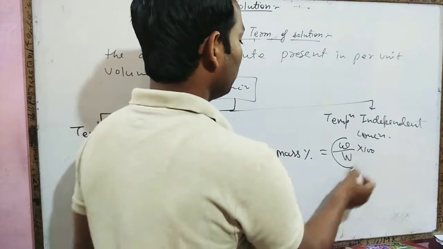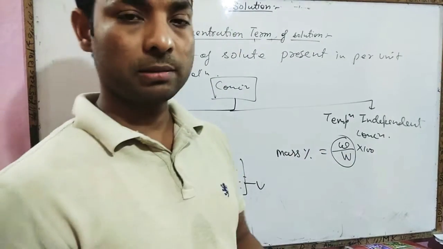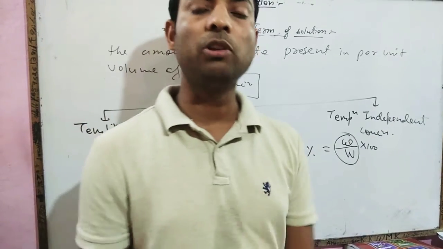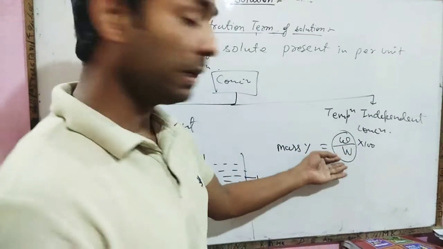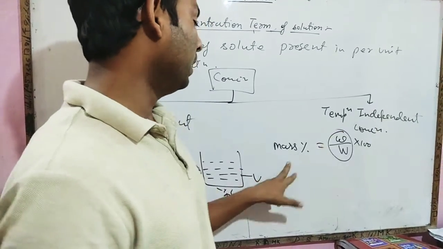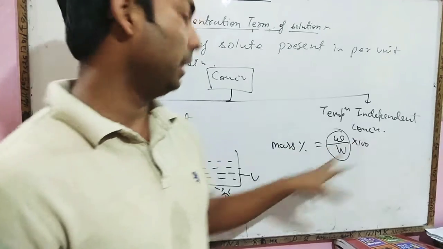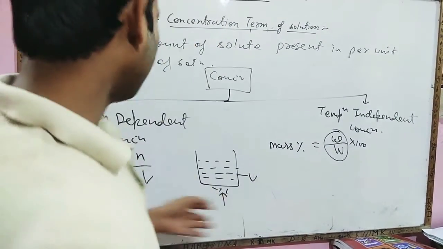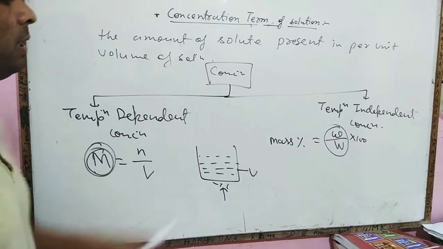Both are taken in mass. So when I increase or decrease the temperature, the mass will not be affected. Mass will remain constant. That's why this is a temperature independent concentration.